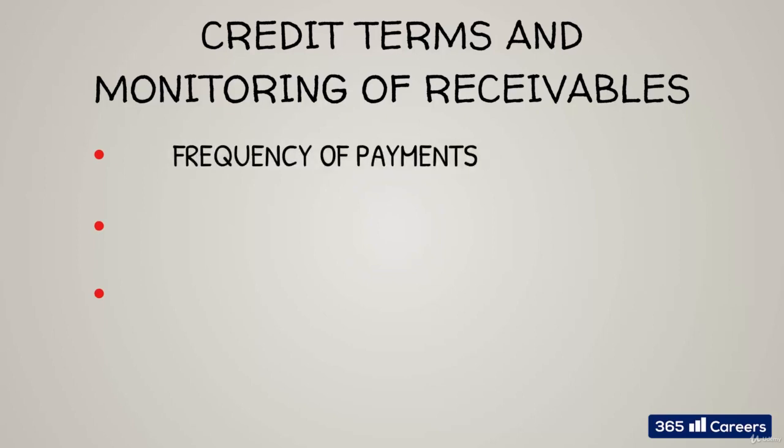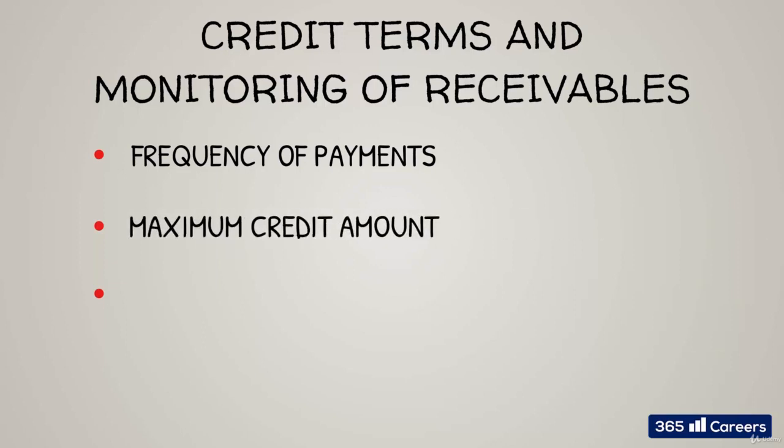Once we have decided a client is creditworthy, we must address the next area of accounts receivable management: credit terms and monitoring of receivables. One of the first things on our agenda when granting deferred payments is agreeing on the credit terms they will abide by. We must define clearly how often we will expect our payments.